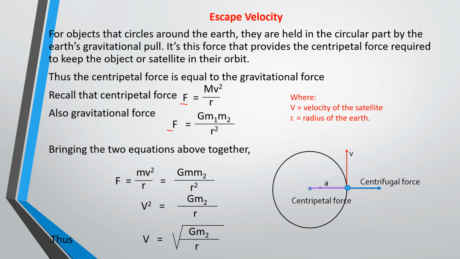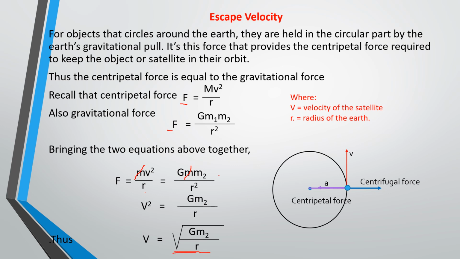The m cancels out, so you have v squared over r equals GM over r squared. By cross multiplication, v squared equals the gravitational constant G multiplied by mass M over r. Then make v your subject by taking the square root of both sides. So this is what you have.